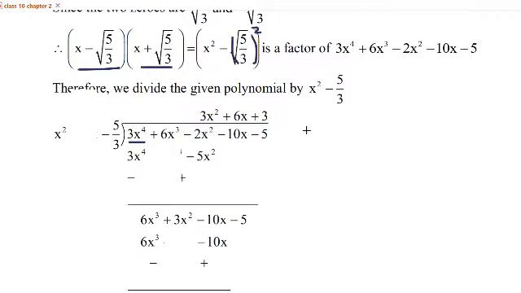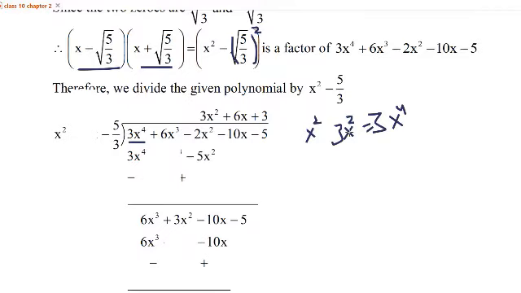With what term should we multiply x square so that we get 3x4? First of all, since we require x raised to power 4, we need x square, isn't it? On multiplying x square with x square, we'll definitely get x4. Also we'll be requiring 3.